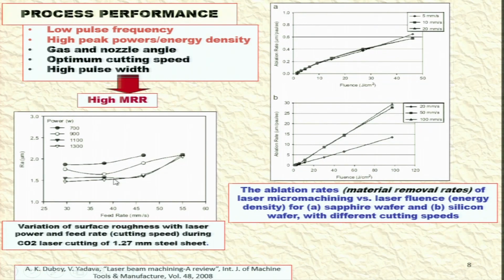So you can see clearly how this is varying to some extent, minimum or increasing more or less constantly with the feed rate. But what happens after a certain feed rate, you cannot predict from this graph.